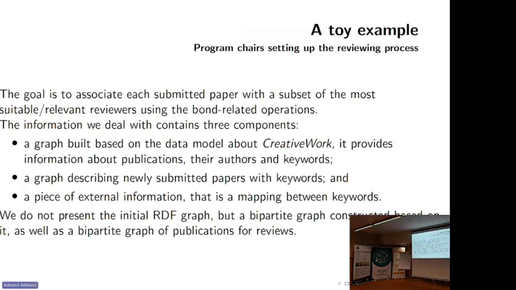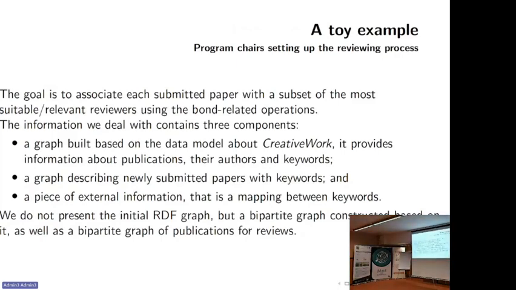Then here, for instance, we will need some information. That would be the graph containing the links between authors and keywords. A graph describing the newly submitted papers with keywords. This is quite easy, because every paper should have this topic, and this topic.